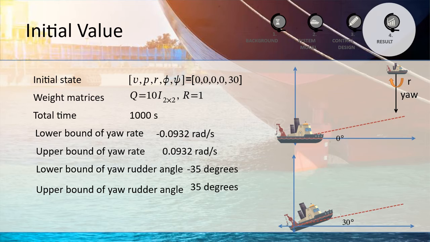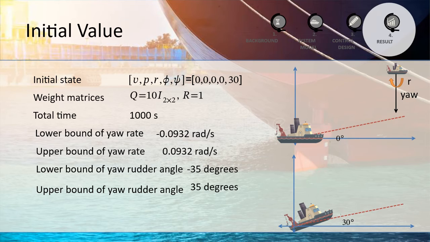The initial values of sway, yaw, and roll angle are 0, 30, and 0 degrees respectively. The weight matrices Q and R are constant at each time. The total time of simulation is 100 seconds.